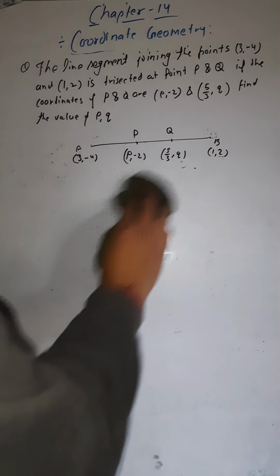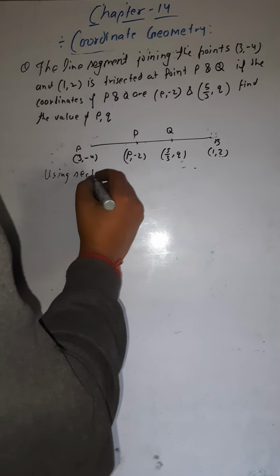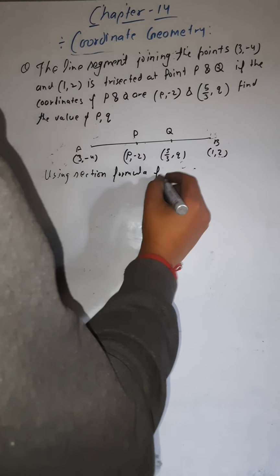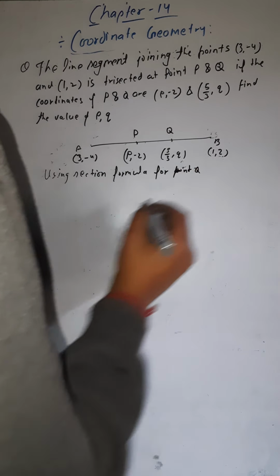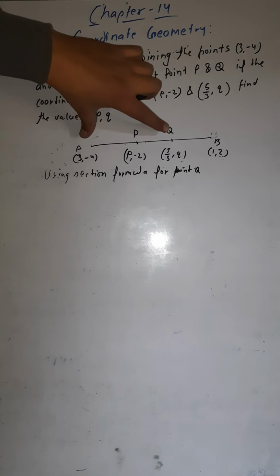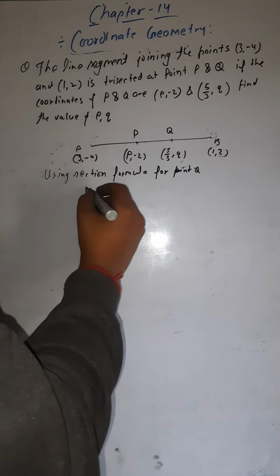Now using the section formula for point Q. If you are using the section formula at point Q, how much is M1? 2 parts here. So M1 is 2 and M2 is 1.